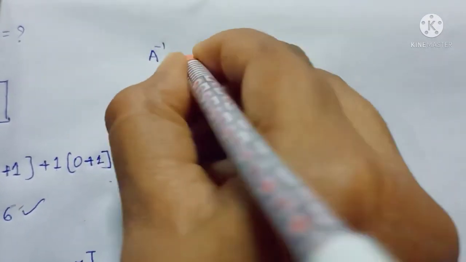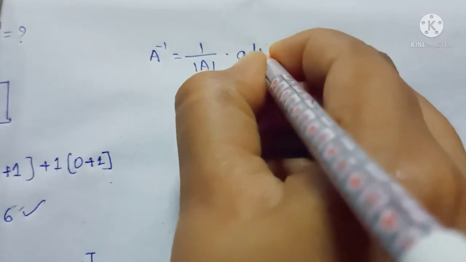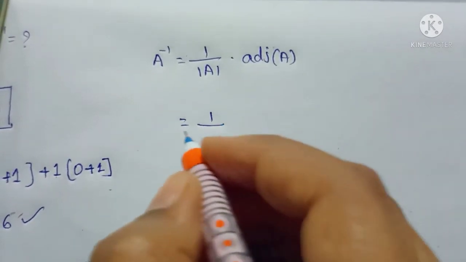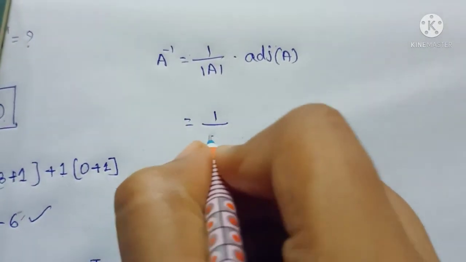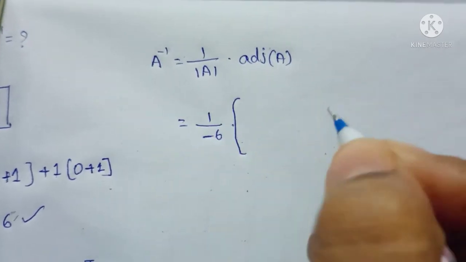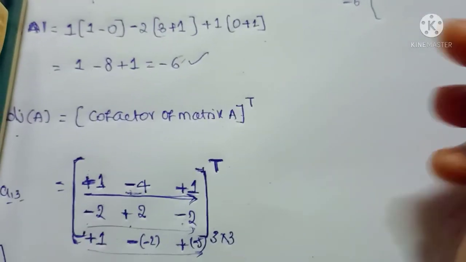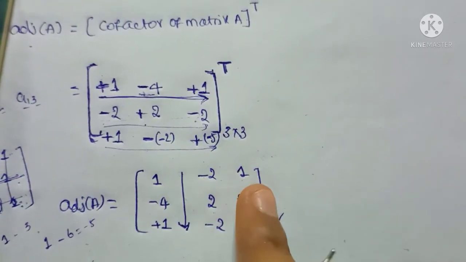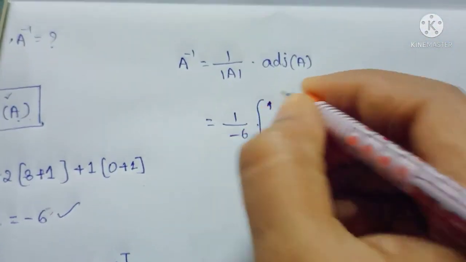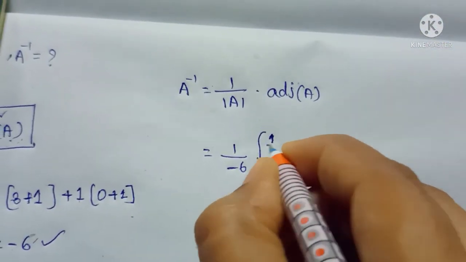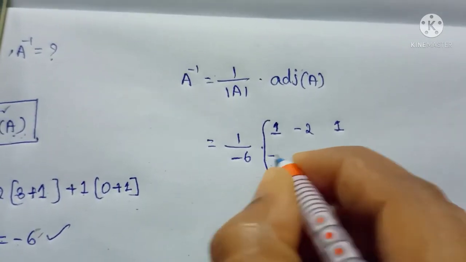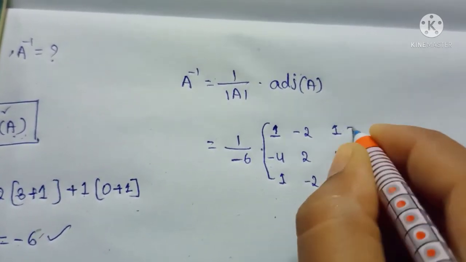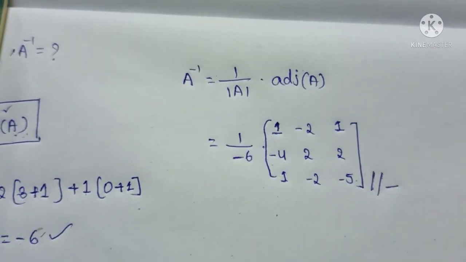A inverse is equal to 1 by det A into adjoint A. The det A value is minus 6, and the adjoint A matrix is: 1 minus 2 1, minus 4 2 2, 1 minus 2 minus 5. This gives the A inverse matrix.